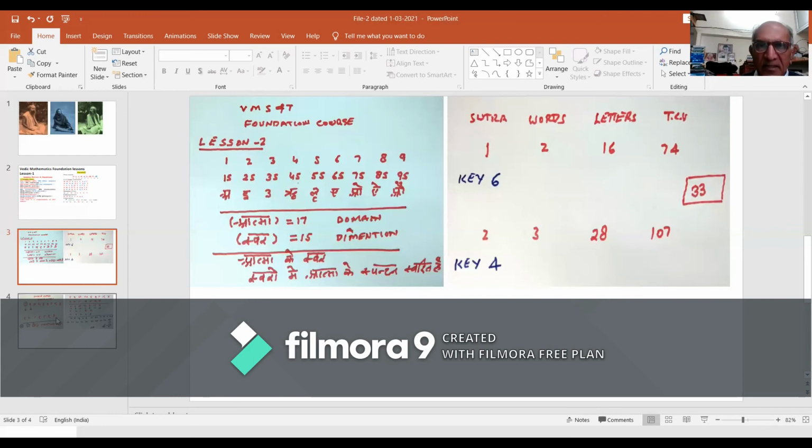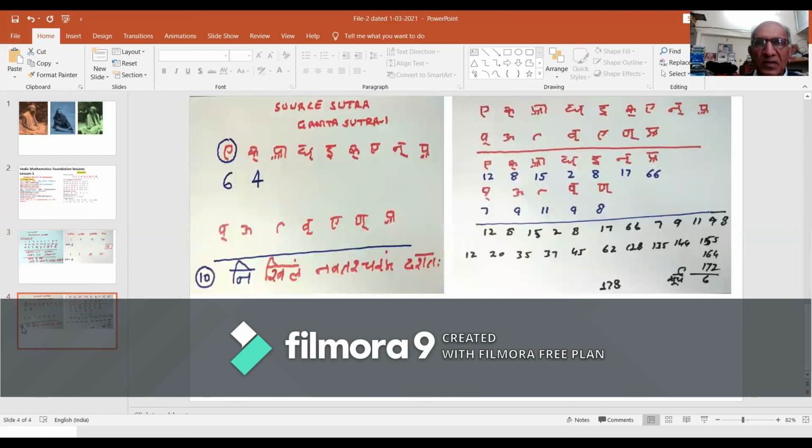Let us visit the text of Ganita Sutra 1 again. The text of Ganita Sutra 1 is having 12 distinct letters.